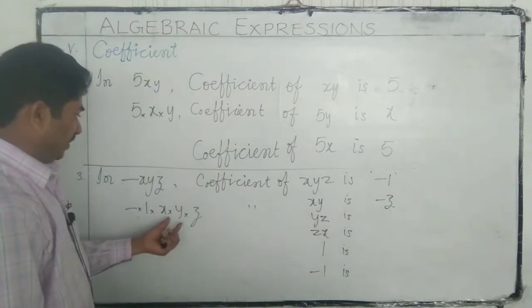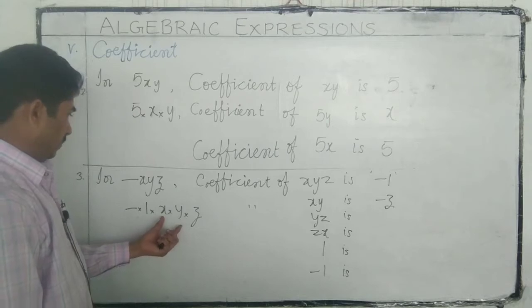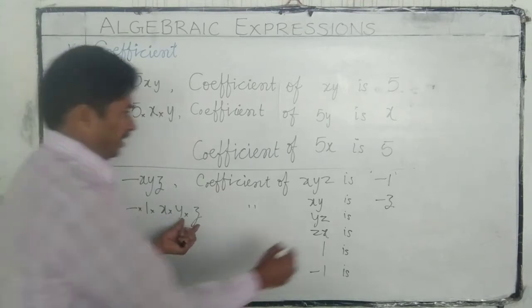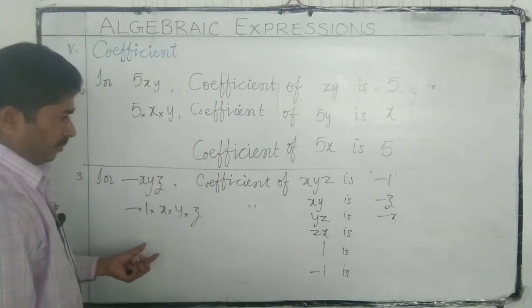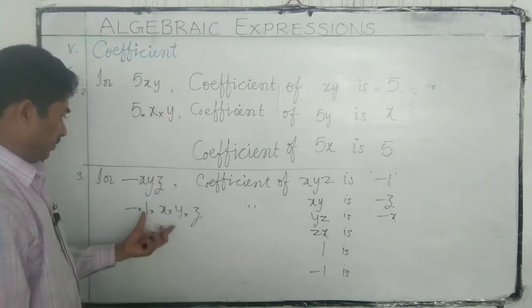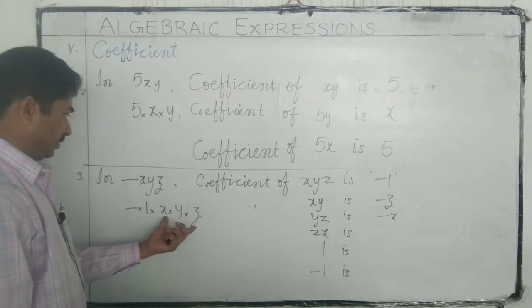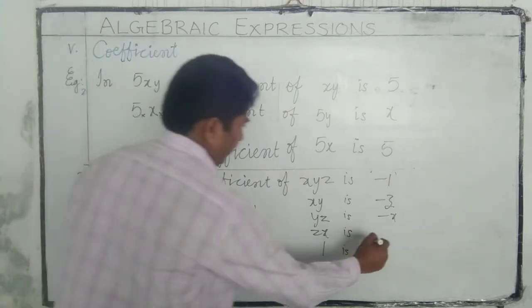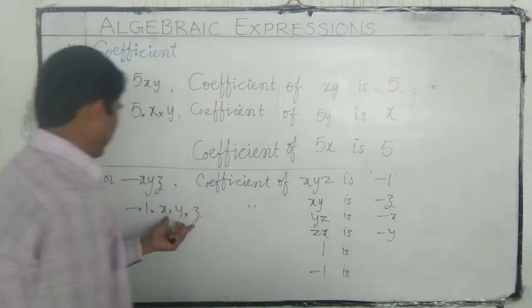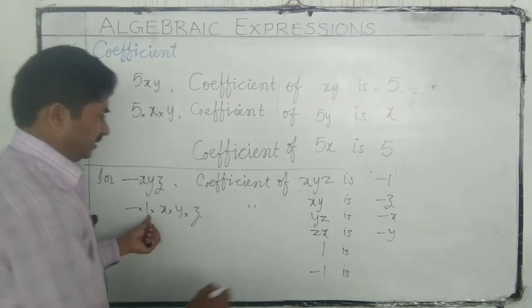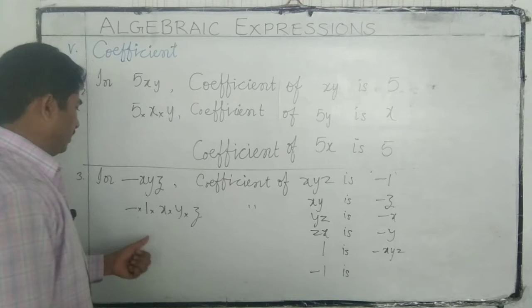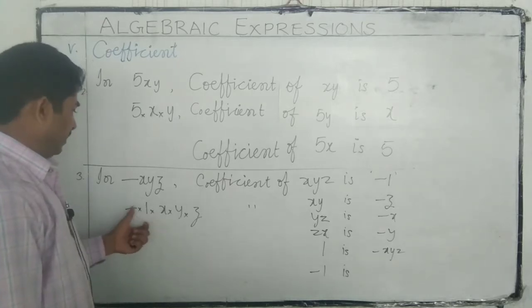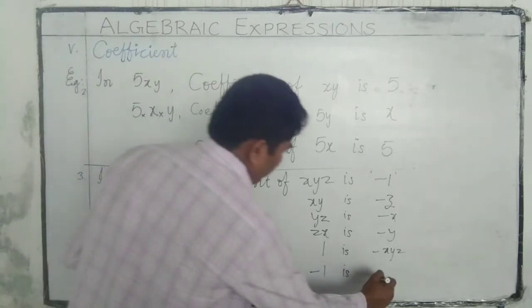Coefficient of yz is minus x. Coefficient of zx is minus y. Coefficient of 1 is minus xyz. Coefficient of minus 1 is xyz.